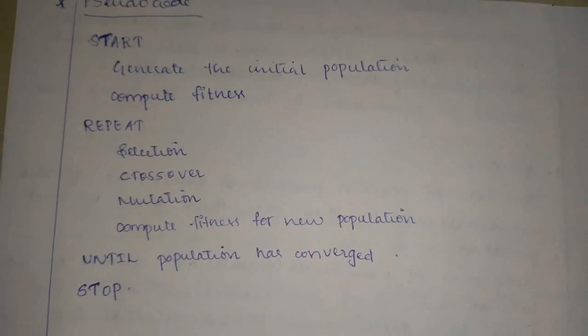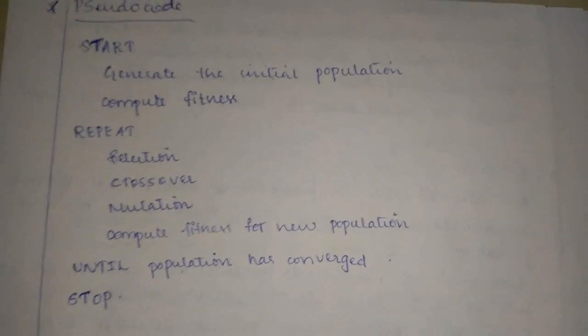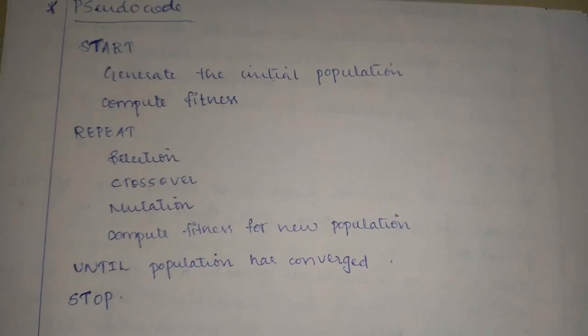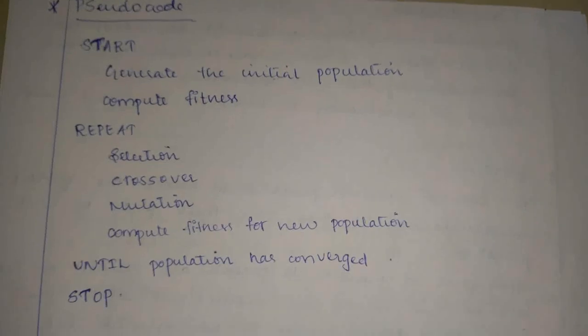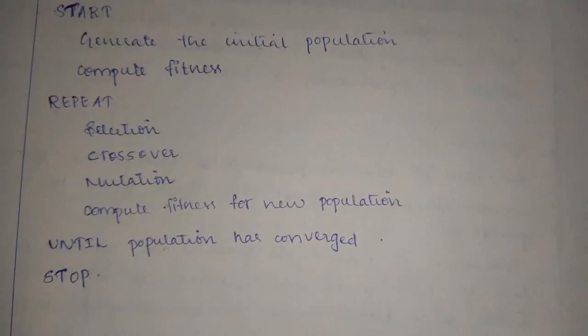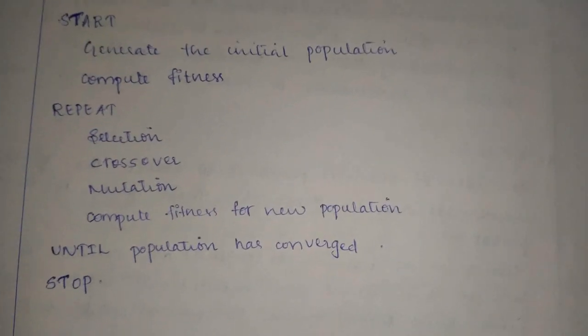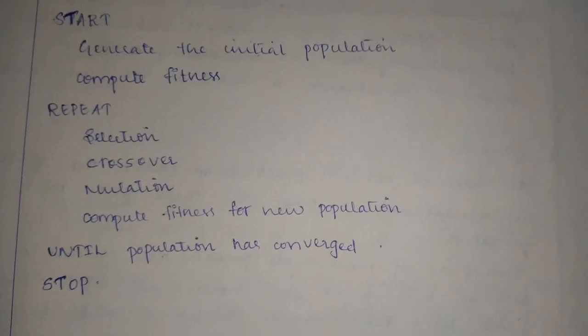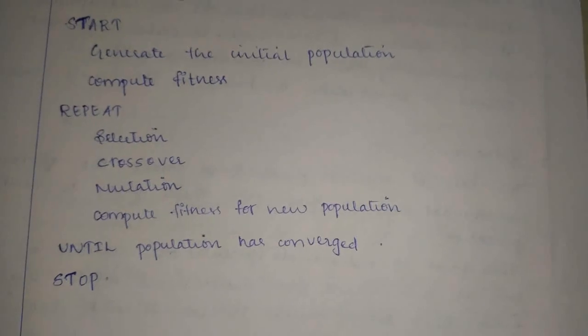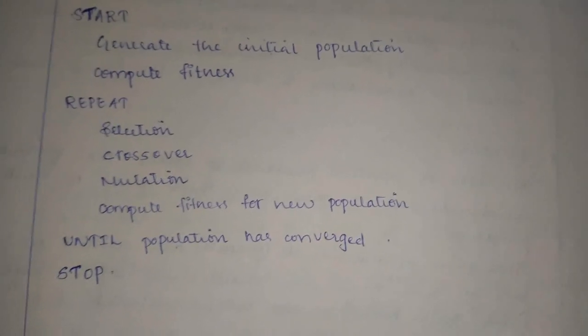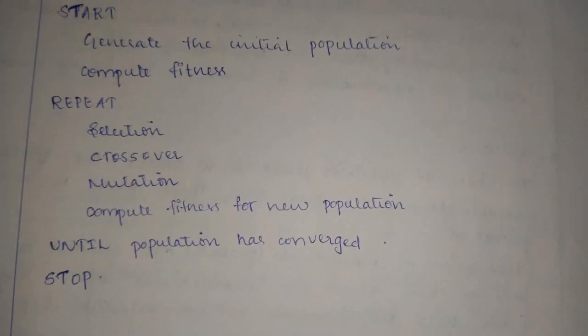After getting this fitness score, we move on to the next phases, that is selection, crossover and mutation. Mutation is the final phase. After mutation is complete, we get a mutated string. Then we need to compute the fitness score for that mutated string, and this mutated string will be added to the current population.